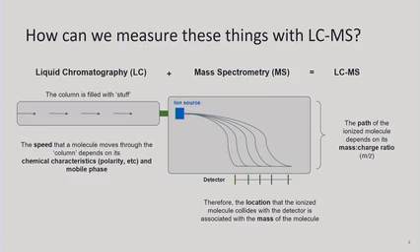As you can see, in the column, the compounds will be eluted by the different mobile phase, and according to different polarities or characteristics, they will be eluted accordingly into the mass spectrometer, which is named the detector. It can detect the different m/z values of these ions. So this is the method named LC-MS. This is something very basic.